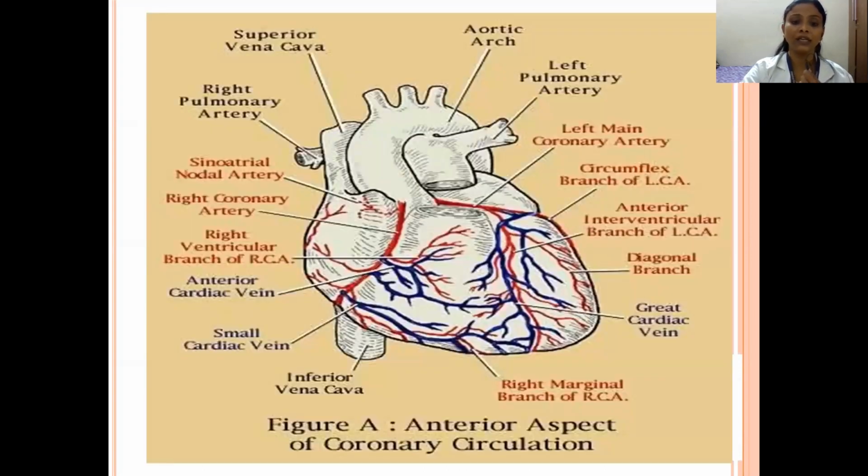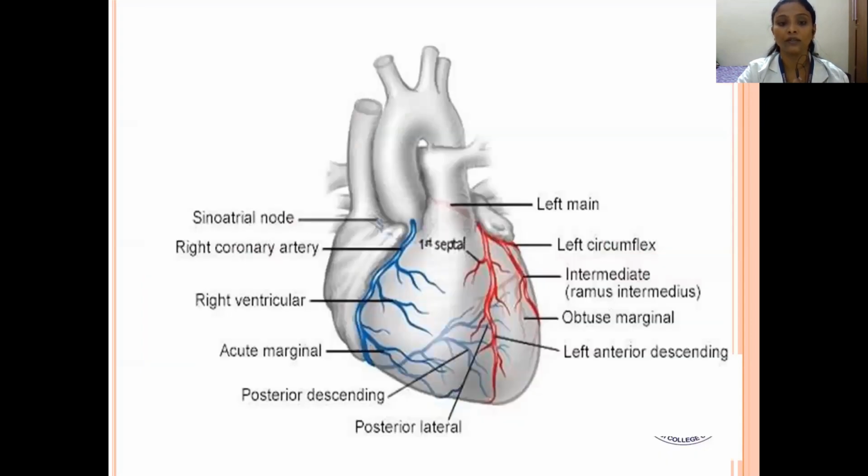And here in this picture, the anterior aspect of the coronary circulation: aortic arch, left pulmonary artery, left main coronary artery, anterior interventricular artery, diagonal branch, right cardiac vein, inferior vena cava, small cardiac vein, right ventricular branch of the RCA, sinoatrial nodal artery. So this picture also gives you the blood supply: the first septal, posterior lateral, left main, left circumflex, intermediate, obtuse marginal, left anterior descending, right ventricular and other structures of the heart.